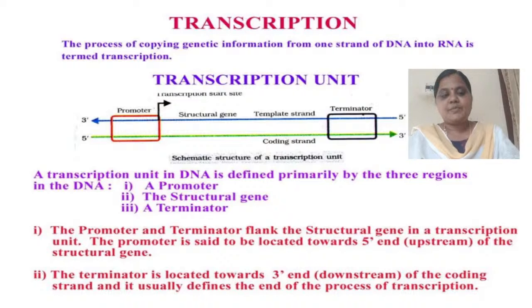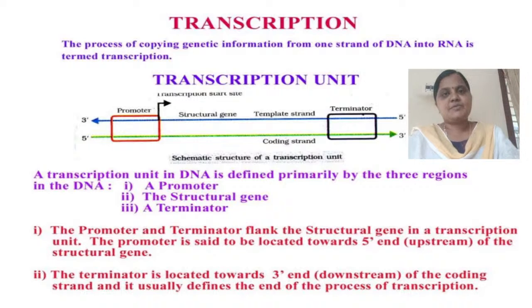So, this is about the transcription unit. In this transcription unit, they are defined as three regions: promoter, structural gene, and terminator. First I told you what is meant by transcription. The process of copying of genetic information from one strand of DNA into RNA is called transcription.